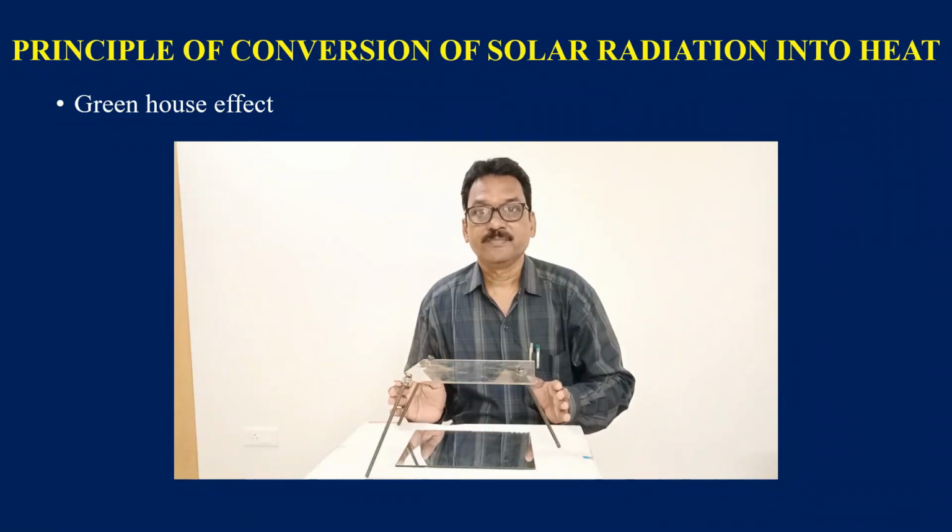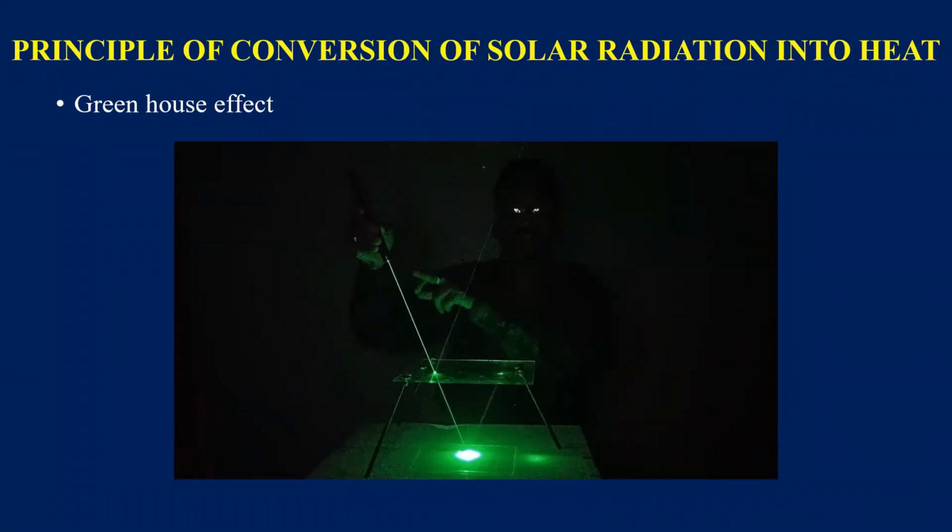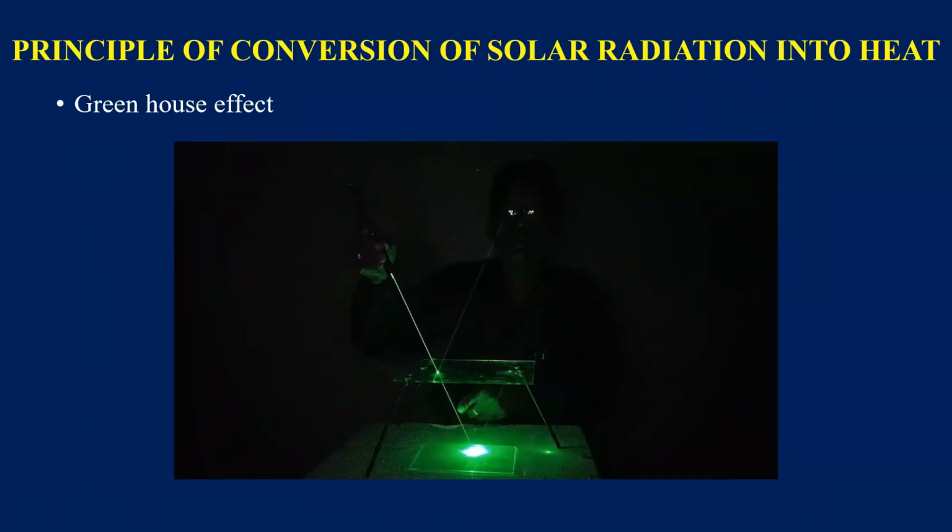So let us see. Assume that this is the solar radiation. When the radiation is incident on this glass cover, partly it reflects and partly it is transmitted. And this transmitted light is incident on the bottom surface, and here also it reflects some radiation, that is IR radiation.